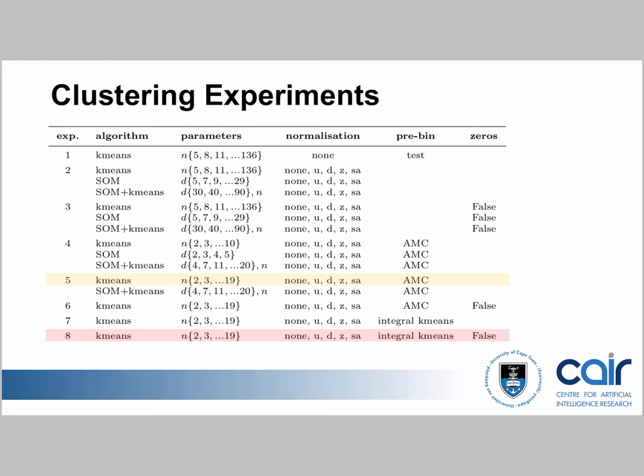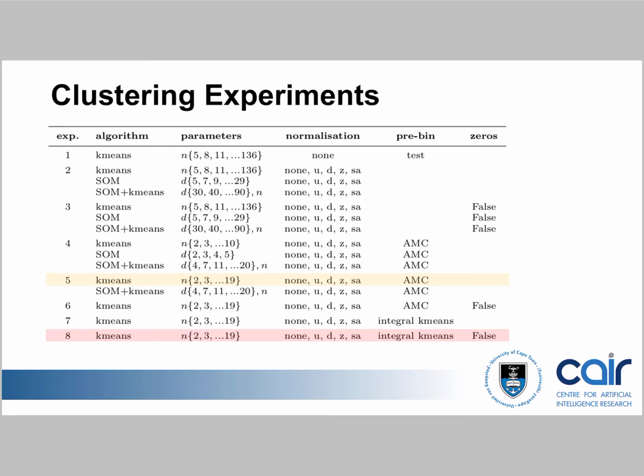For each of the algorithms, we tested a variety of parameters. N corresponds to the number of clusters, D the number of dimensions. And then for each parameter with each algorithm, we tried 5 different forms of normalization: no normalization, unit norm, demeaning, 0-1 normalization, and the South African norm, which is a normalization technique that has been used in South Africa.